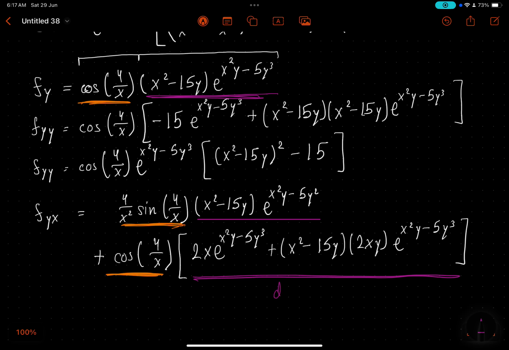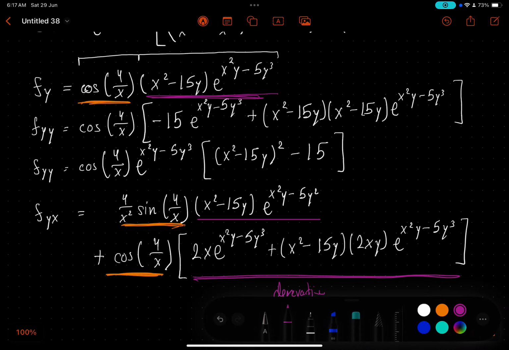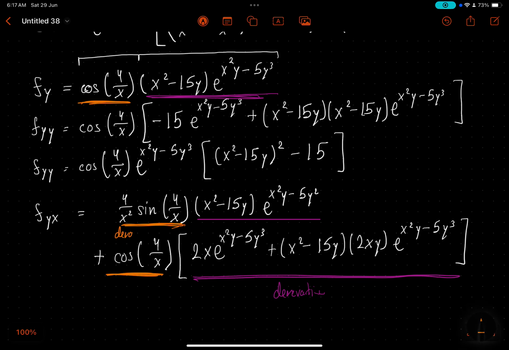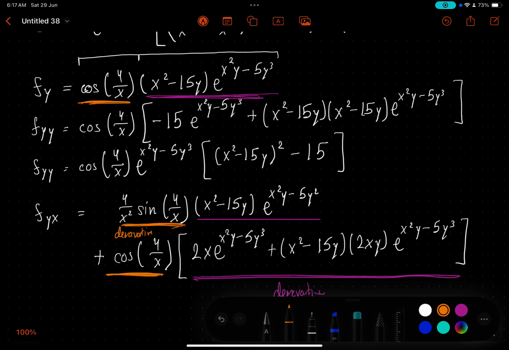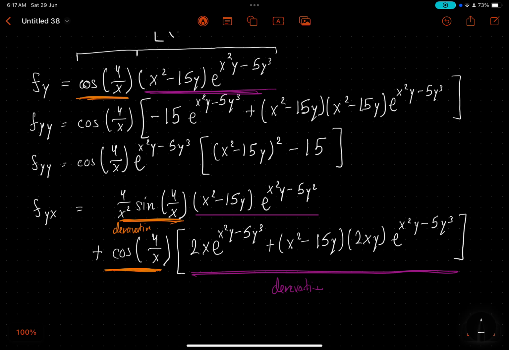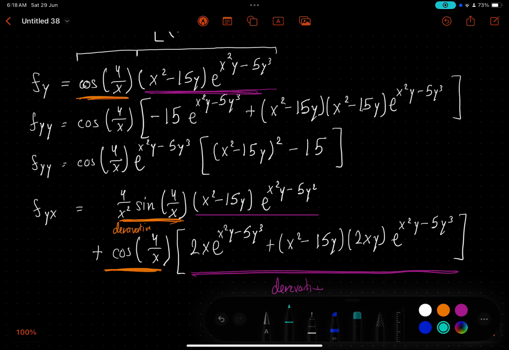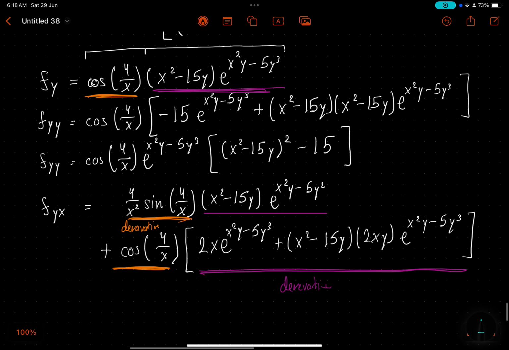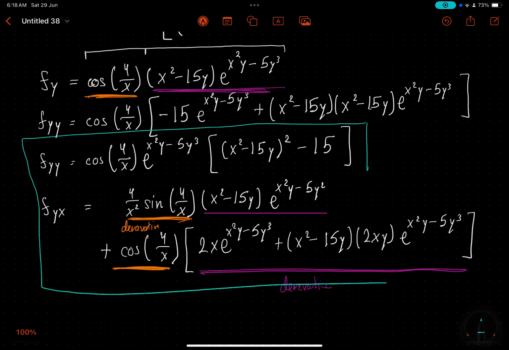So this is the derivative, and this is basically our final answer. I already found the derivative for this part, and here I did not need to find the derivative, just needed to substitute, and that's our final answer. The problem is a bit messy, I know, but these are our final answers for the second partial derivatives.